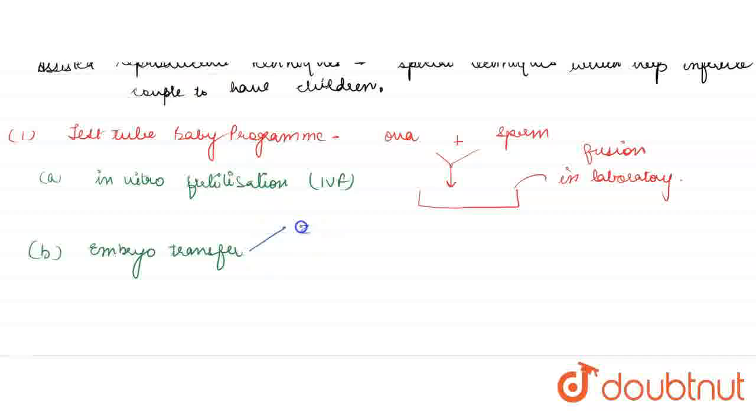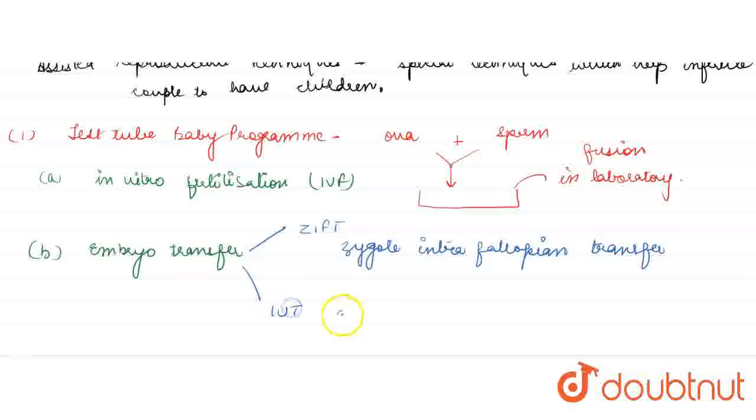One is ZIFT, that stands for zygote intrafallopian transfer, and the other is IUT, that is intrauterine transfer.